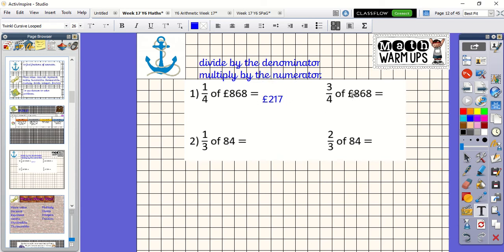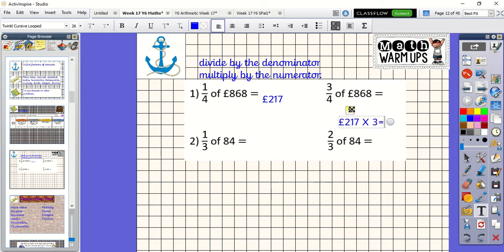Okay, now to work out 3/4, our 3 is our numerator, so I've already worked out 1/4. So now I've divided by the denominator, which is 4, to get 217. I now need to multiply by the numerator, so I need to do £217 multiplied by 3.